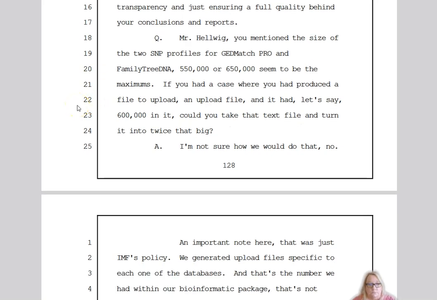So now she's asking him about the SNP profiles for GEDMatch PRO and FamilyTree. That FamilyTree or GEDMatch 550,000 or 650,000 seem to be the maximums. So she says, if you had a case where you had produced an upload file, and it had, let's say, 600,000 in it, could you take that text file and turn it into twice that big?